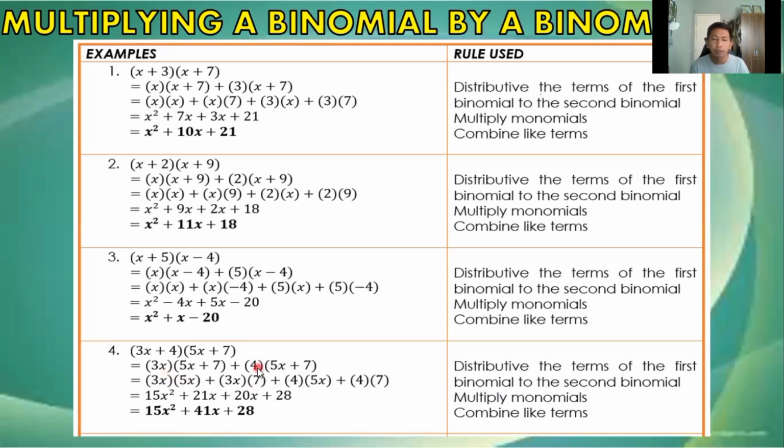And then 4 times 5x and then 4 times 7. So this will give us a product now of 15x squared plus 21x plus 20x plus 28. And then don't forget to combine like terms. Therefore, our final answer should be 15x squared plus 41x plus 28.